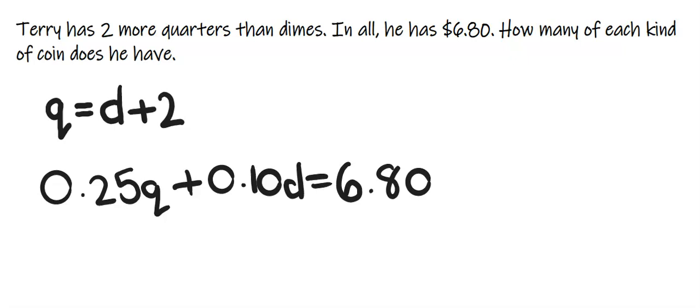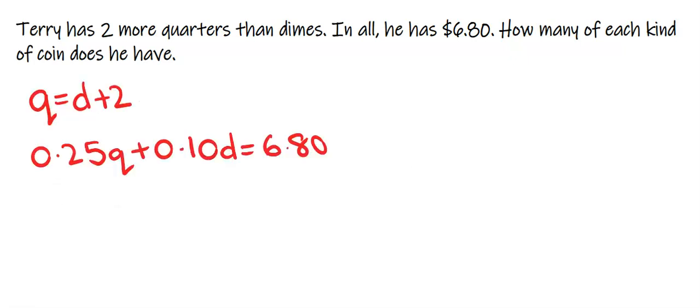Now, if you notice, the first equation also tells the value of Q. And we can use that for the second equation to solve this problem. Now all we need to do is substitute D plus 2 for Q in the second equation.